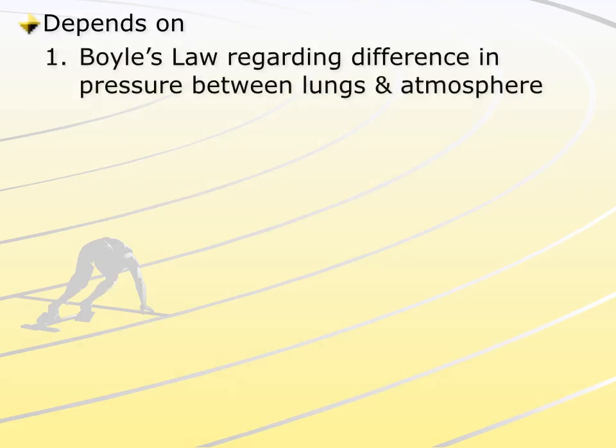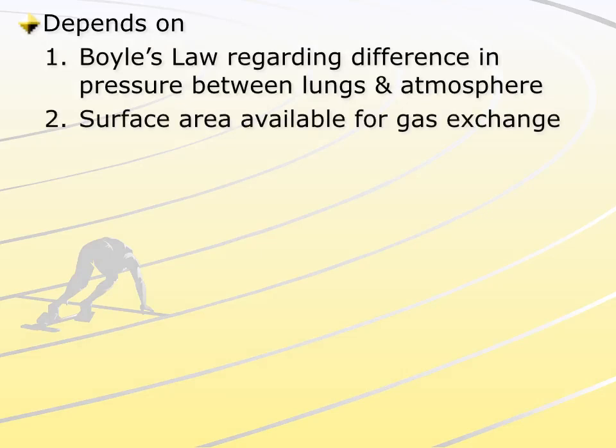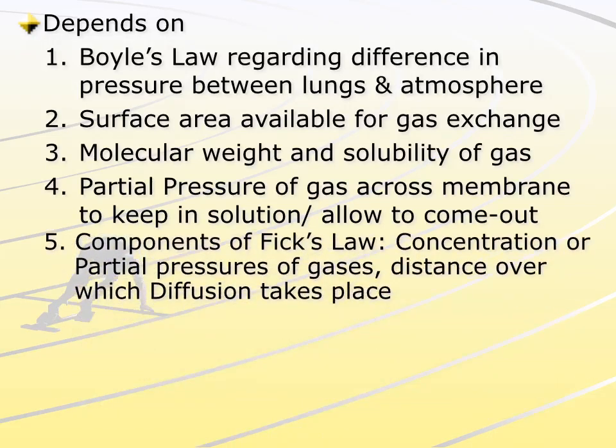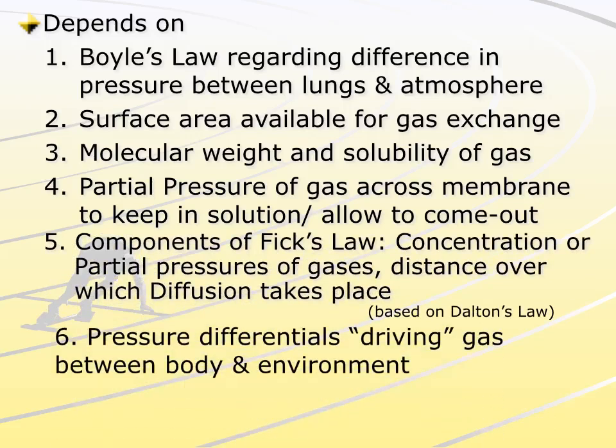Well, it's going to depend on, first, Boyle's law regarding the difference between atmospheric pressure and lung pressures, the surface area that we allow for gas exchange to occur, the molecular weight, that is how big the gases happen to be, and the solubility of the gases to get in and out of solution, the partial pressure of the gases across the membrane, or the ability to keep them in or out of solution, as well as components of Fick's law, concentration or partial pressures of gases and the distance over which diffusion has to take place, based off of Dalton's and Fick's, as well as a couple other gas laws, along with the pressure differentials driving the gases between the body and the environment.